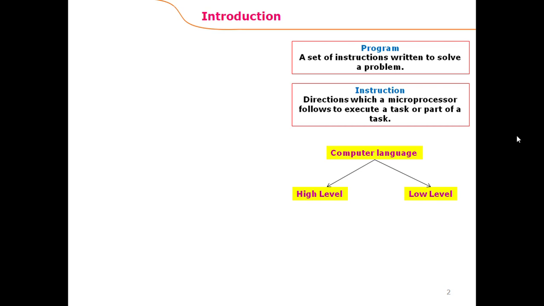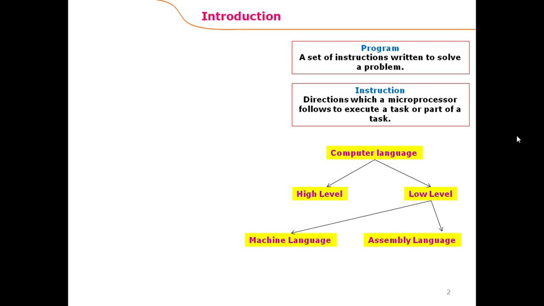In high-level languages, computer programs are written using English symbols, letters or words, and they are easy for the computer programmer to understand, but they cannot be interpreted directly by a computer machine. For that purpose, low-level languages are used. Low-level languages are then divided into machine language and assembly language.